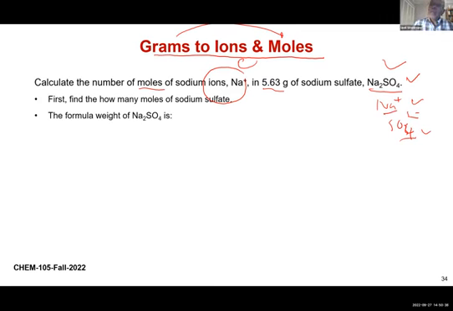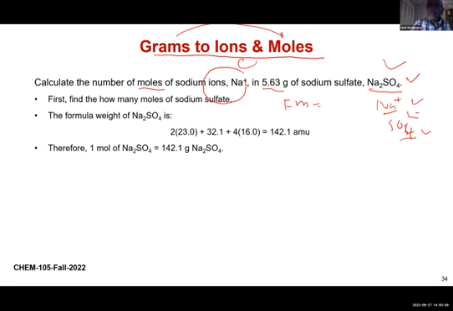First, you have to get the formula mass. Formula mass is when you add up all the atoms, 142.1 AMU. Now the molar mass is the same, 142.1 grams per mole.